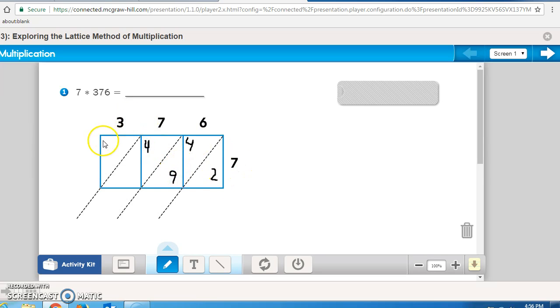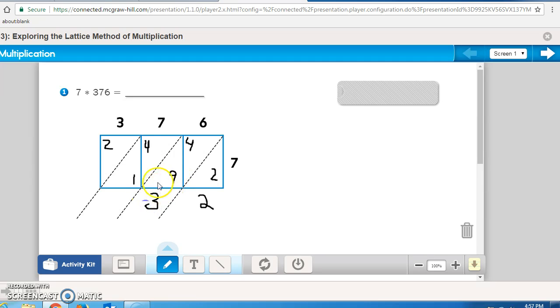7 times 3, 21. Now you add what's inside that blue box according to how it's divided up by the lines that have been drawn. 2 plus nothing is 2. 4 plus 9 is 13.